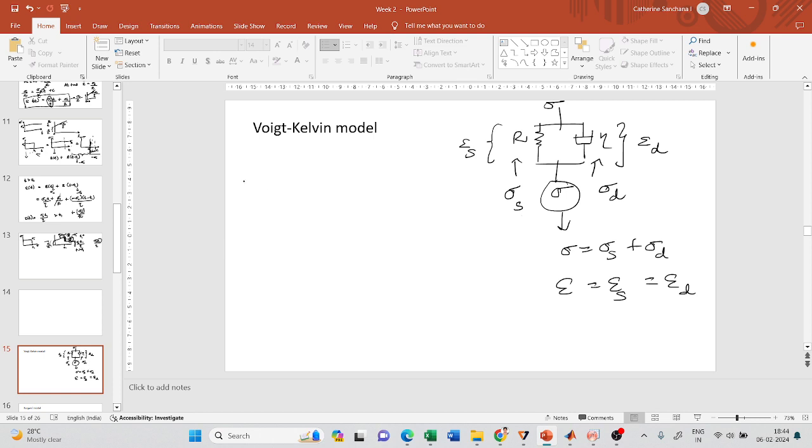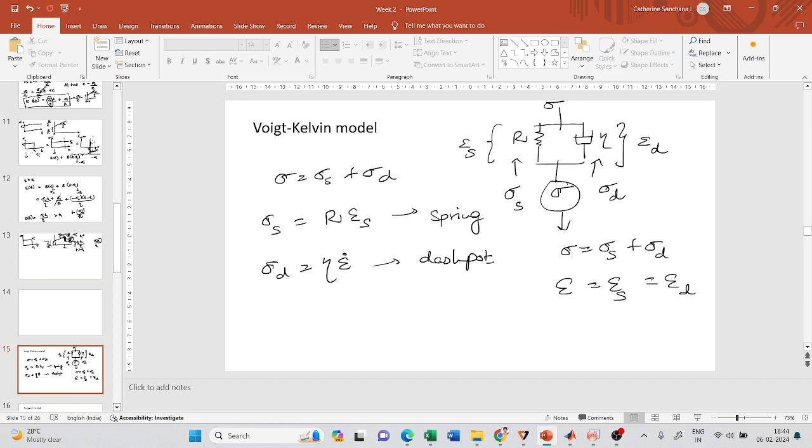So let us first derive the constitutive equation. How will we derive it? Sigma is equal to sigma s plus sigma d. We know what sigma s is. Sigma s is nothing but R into epsilon s, from the spring. And sigma d is equal to eta into epsilon dot from the dashpot. So you can simply substitute these two.